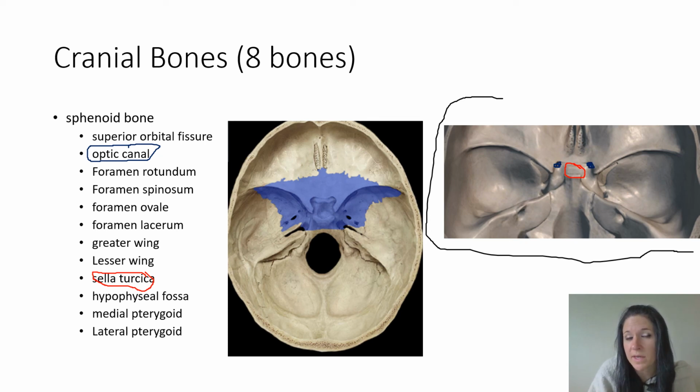So these are the optic canals, and the superior orbital fissure will circle in purple. Okay, so the superior orbital fissure are these grooves under the lesser wing. So now we can see that there's a groove here.